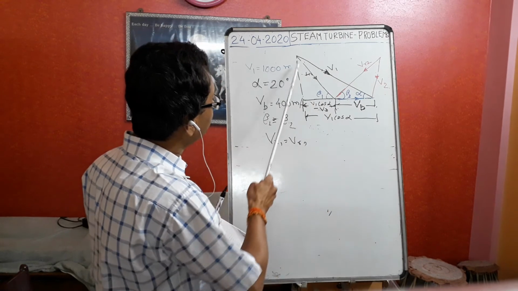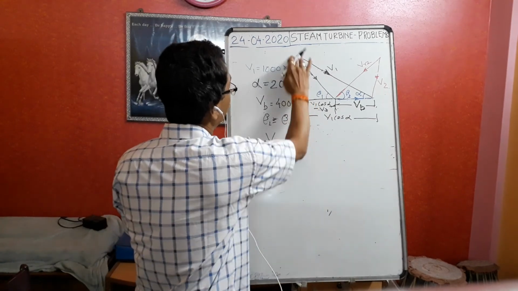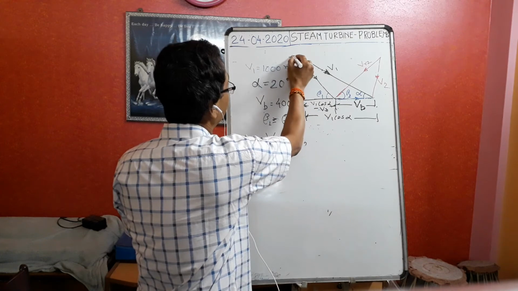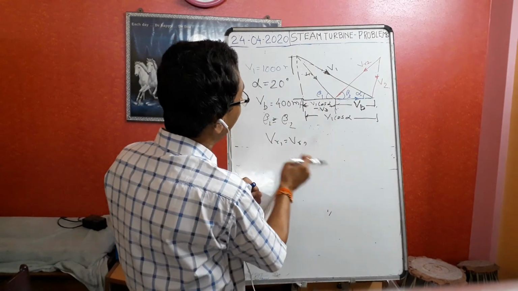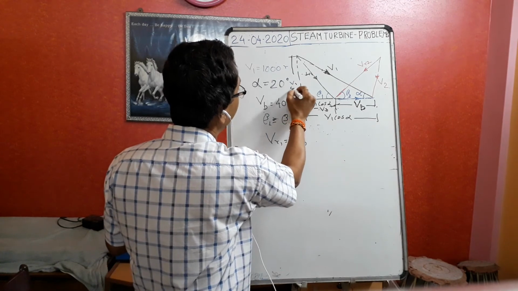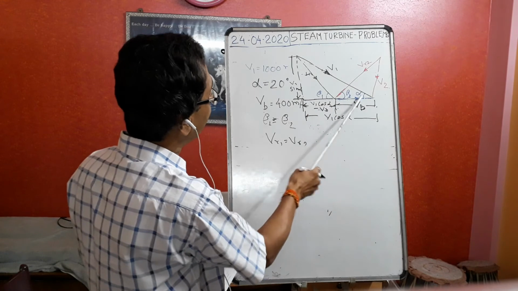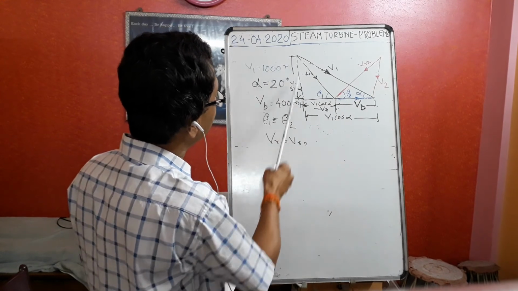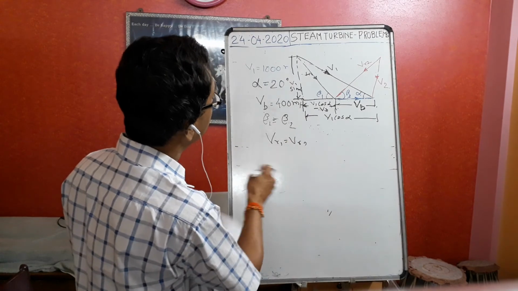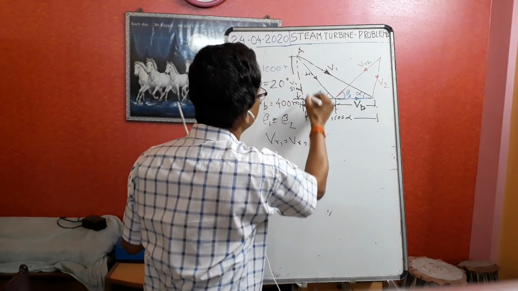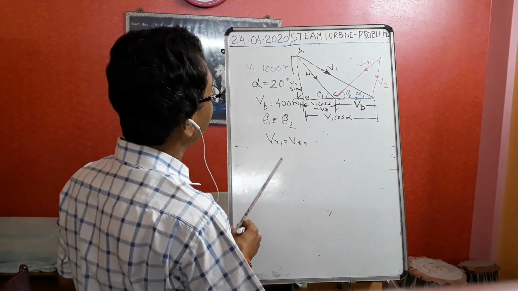Okay, now consider this one. This is V1, this is alpha, so this perpendicular is V1 sin alpha, and this is V1 cos alpha. Now if we consider this triangle ABC, what will I get?